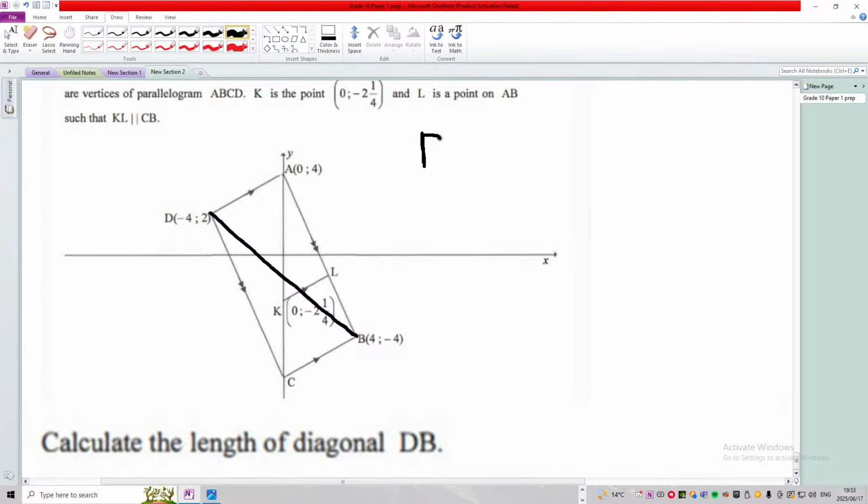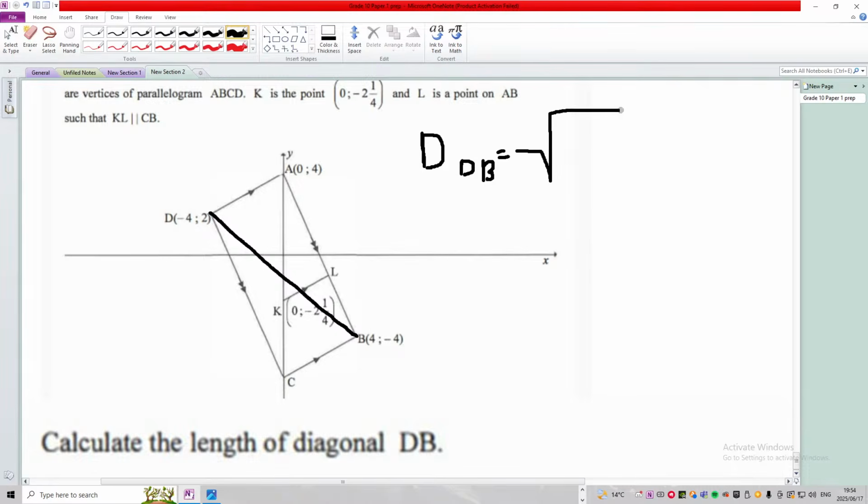The distance of DB is equal to, what is our distance formula?